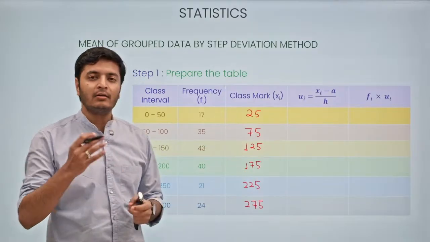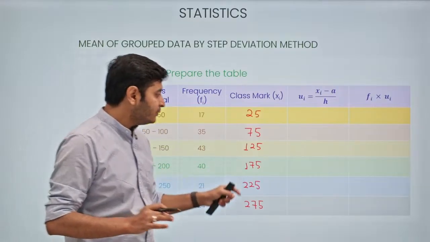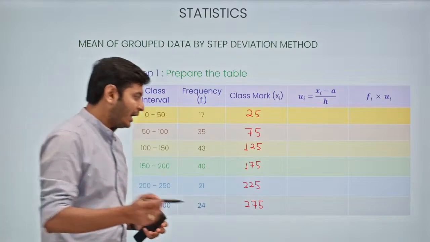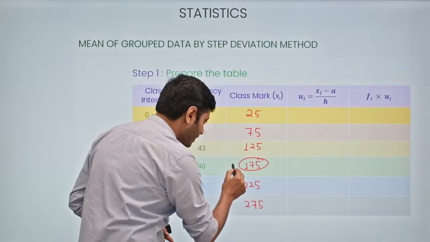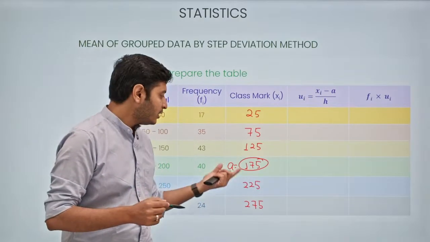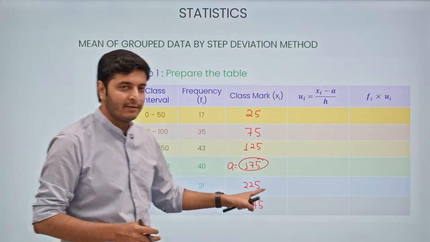So we cannot find a particular value that we can call the middle value, right? So here we can go with any of the values, 125 or 175. I am choosing 175 as my assumed mean. So I'm gonna circle it and write A here, because we write A for assumed mean. Now this is my A value.